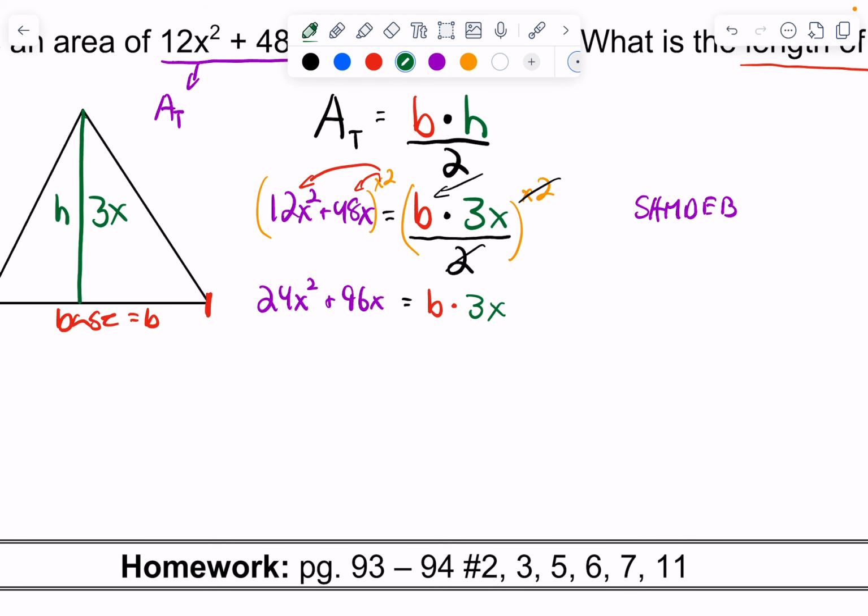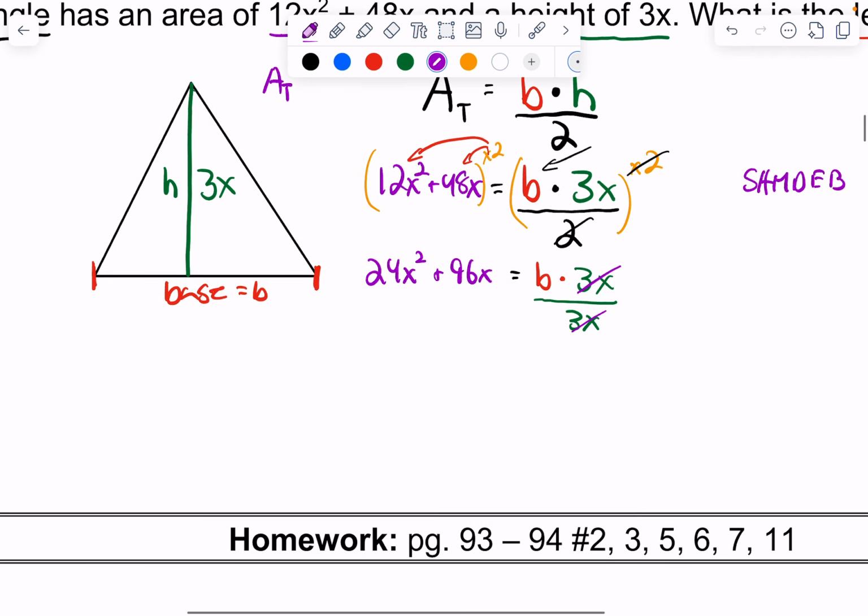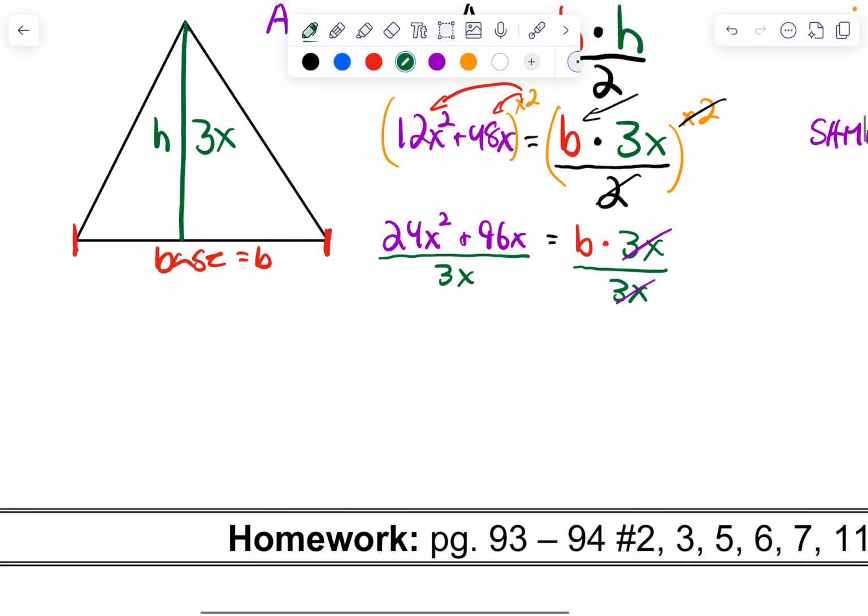Again, we're looking for base, so I want B equals. My next step is I need to get rid of this 3x. That is a multiplication here, so I'm going to divide it out. So these will cancel. And then whatever you do to one side, you have to do the other, so I divide this whole thing by 3x. So careful here.